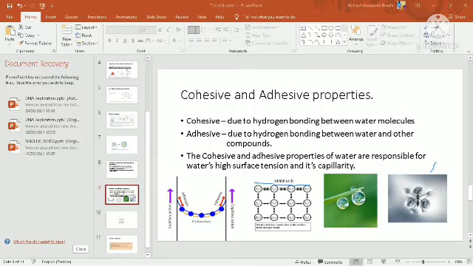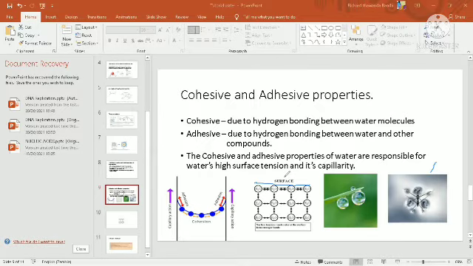They'll form this bubble due to the fact that there's the surface tension up there, and the hydrogen bonding on the water molecules at the surface will be stronger, and that will force it into this bubble shape. Then you have the water still attached to the leaf in that way, resisting forces of gravity and so on. So this also demonstrates water's high surface tension.